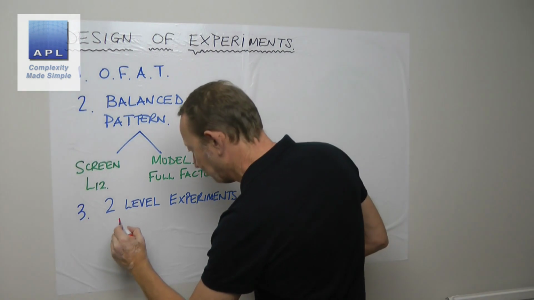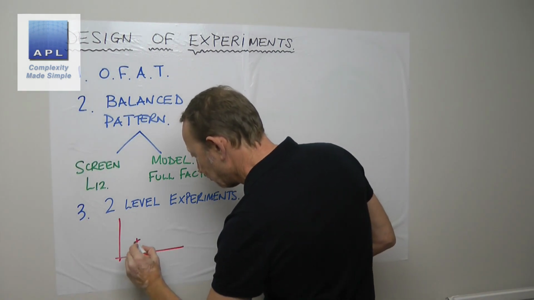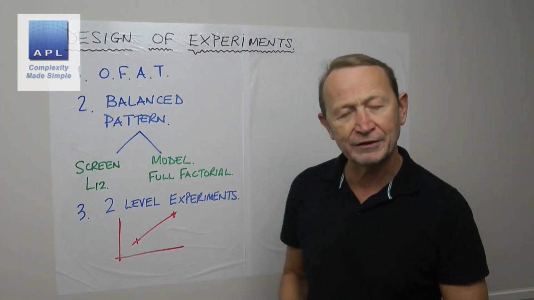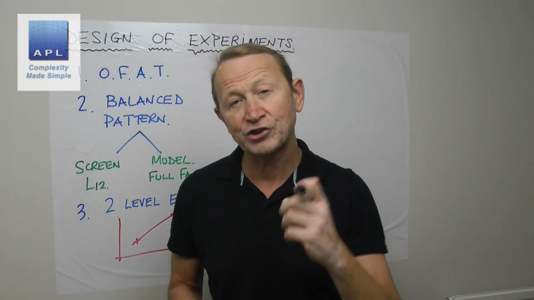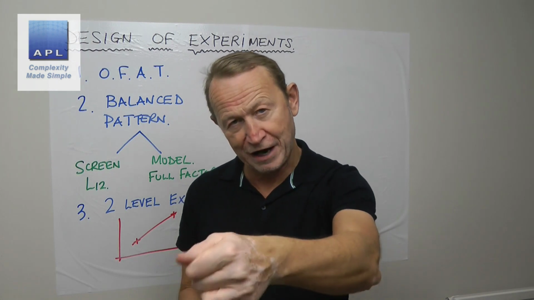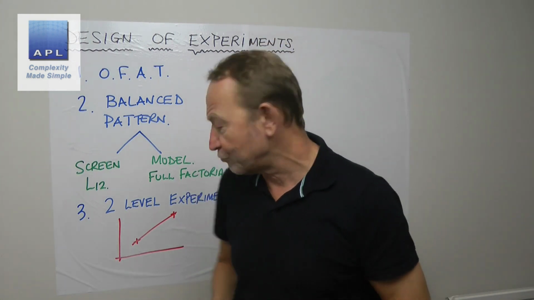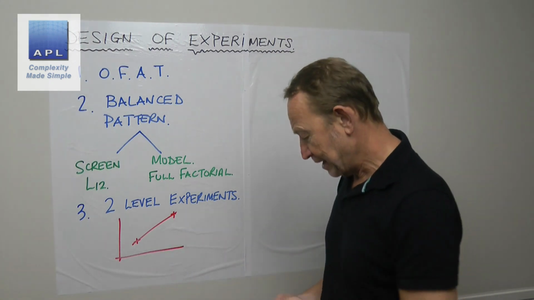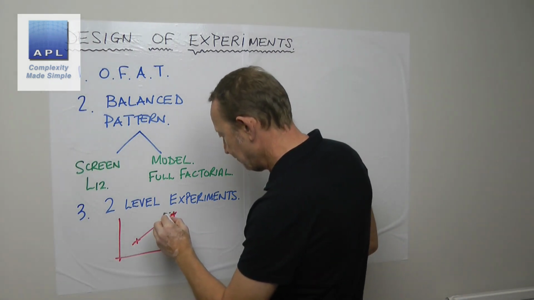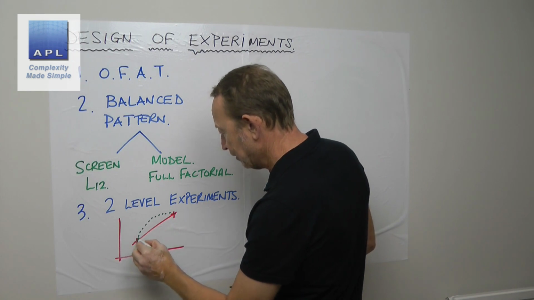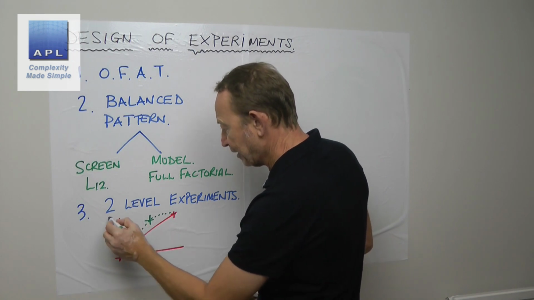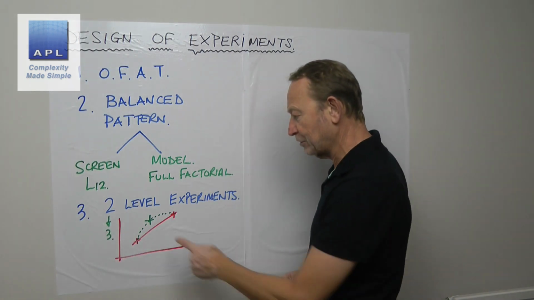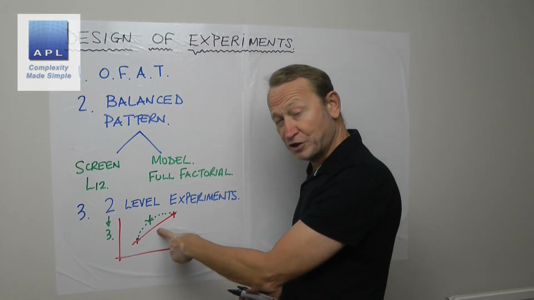What does 2-level mean? It just means you're testing high and low, and we are assuming that the relationship between the input variable and the output response is a straight line. If that's not true, if it was really a curve, then ultimately we're going to have to turn that 2-level into 3-level. But we don't do that until we see that knowledge.